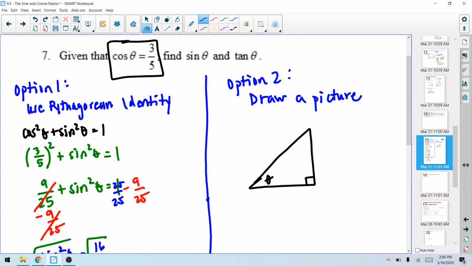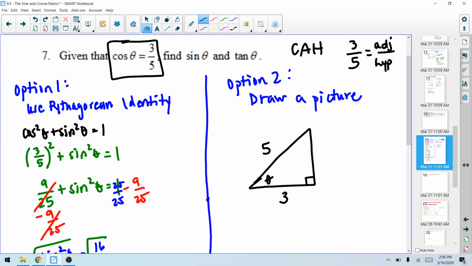And if you remember cosine, cosine is your CAH, which is adjacent over hypotenuse. Which means, if we have a cosine of 3/5, that 3 must be the adjacent, and 5 must be the hypotenuse. So from theta, I'm going to make my adjacent side 3, and I'm going to make my hypotenuse 5.